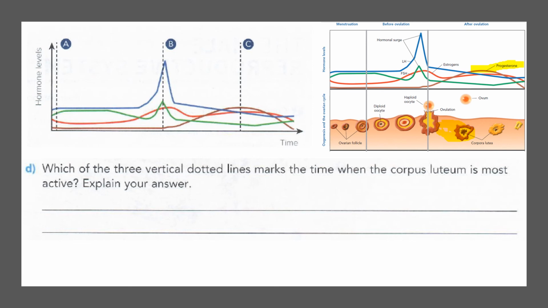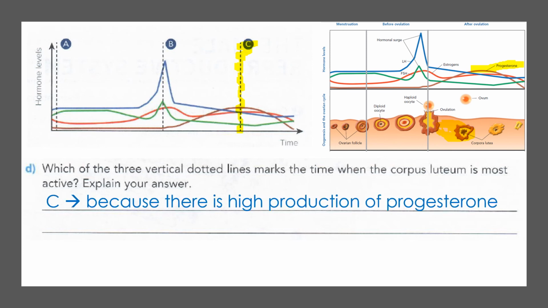So if I compare with the left one, it is the letter C. So C, because there is high production of progesterone. And why did I relate? Because I know corpus luteum produces progesterone. So if I have high production of progesterone, it means I have the corpus luteum is the most active. Okay?